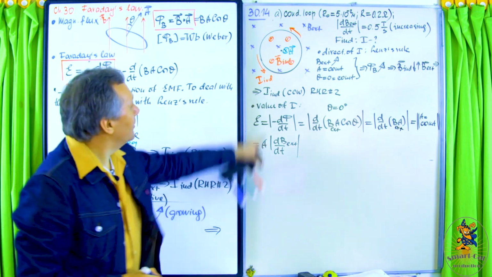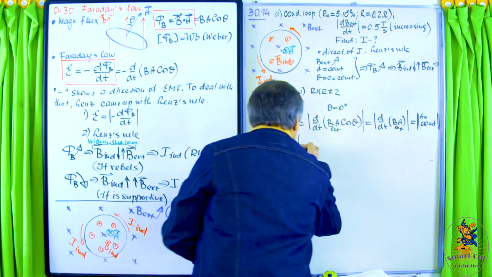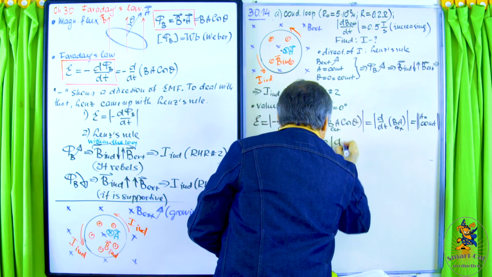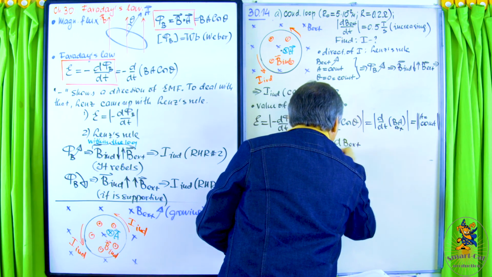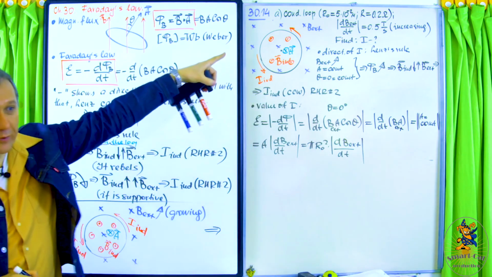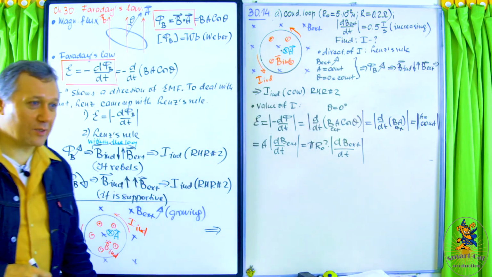Okay, area. We know the radius, it's pi r sub 0 squared, and dB over dt is given in the problem: 0.5 Tesla per second. That's it. Basically, the problem is solved.